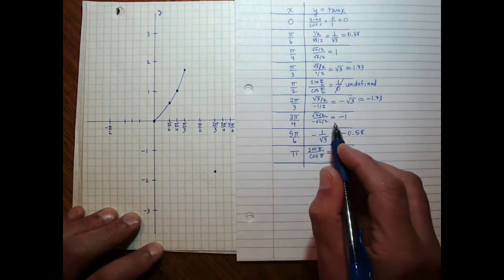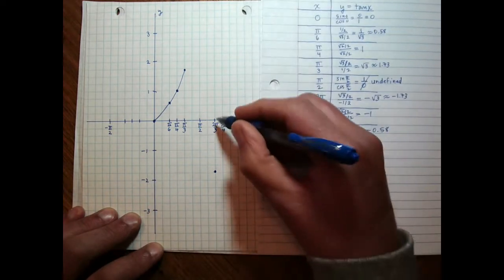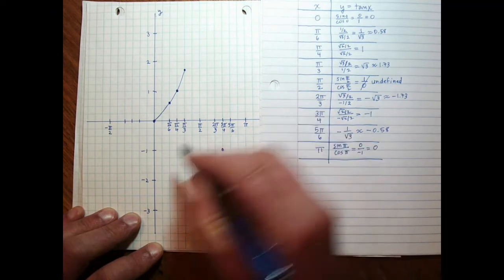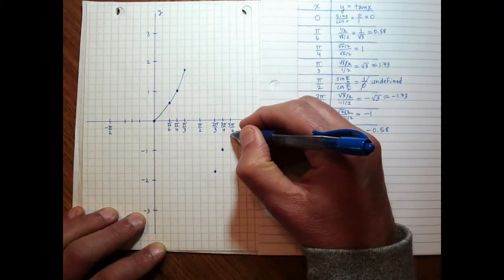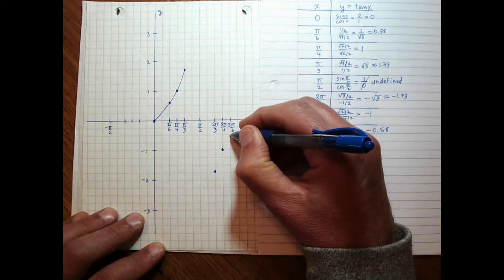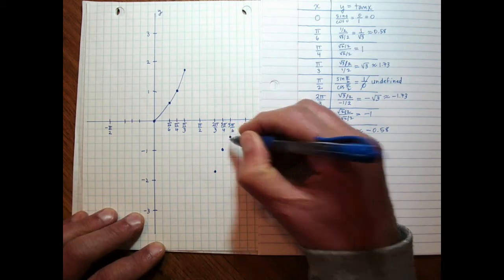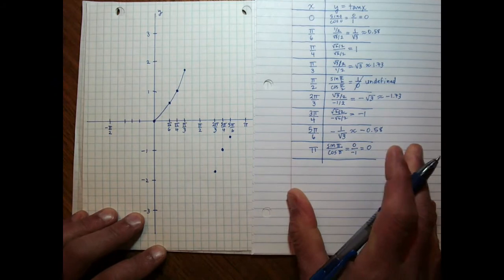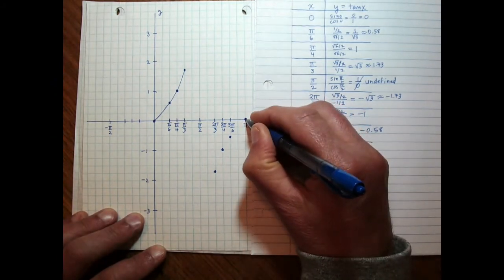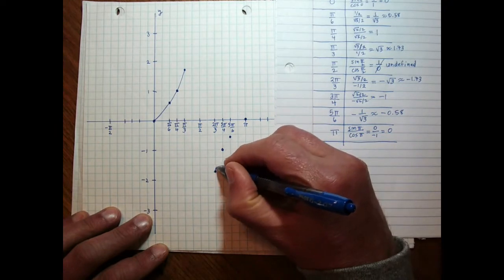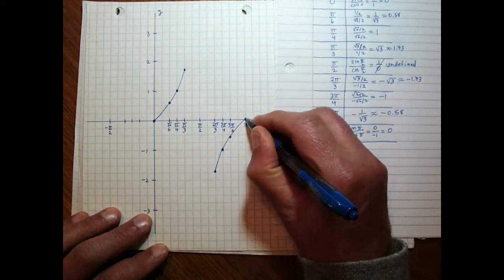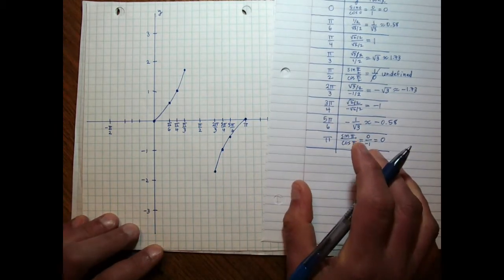I have 3 pi over 4, negative 1. 5 pi over 6, negative 0.58, so there's negative 0.5, negative 0.58, a little further. And at pi, I have 0, back to the x-axis. So I get another portion of the graph that looks kind of like this.